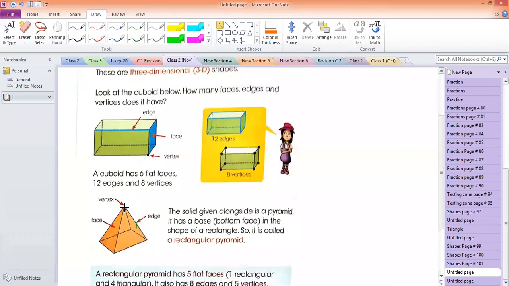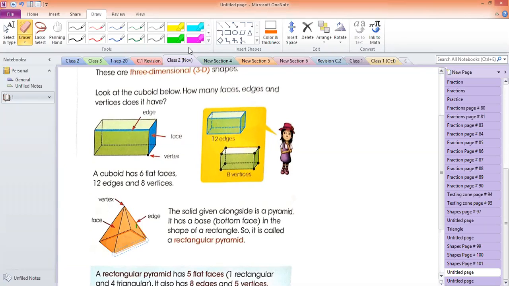Look, this is 1, 2, 3, 4, 5. Look at, these are the 4 edges here.